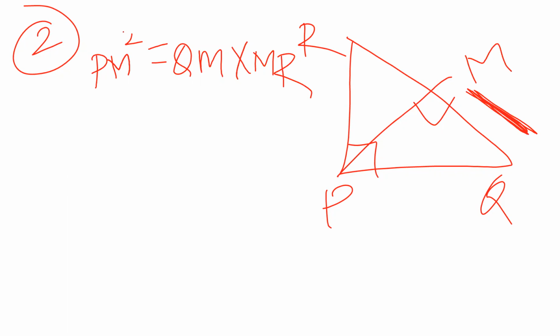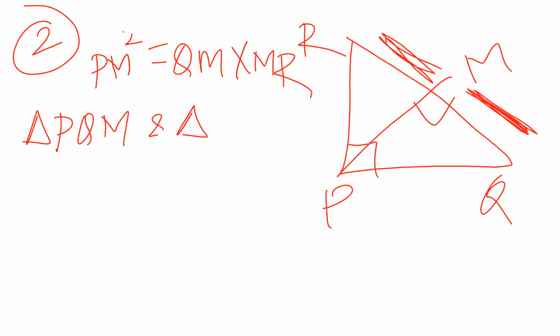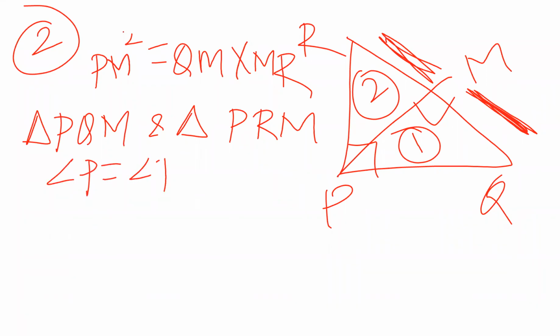MR is in this triangle. So if I am considering triangle PQM and triangle PRM, triangle number 1 and triangle number 2, PQM and PRM. Angle P and angle P both are common, correct?